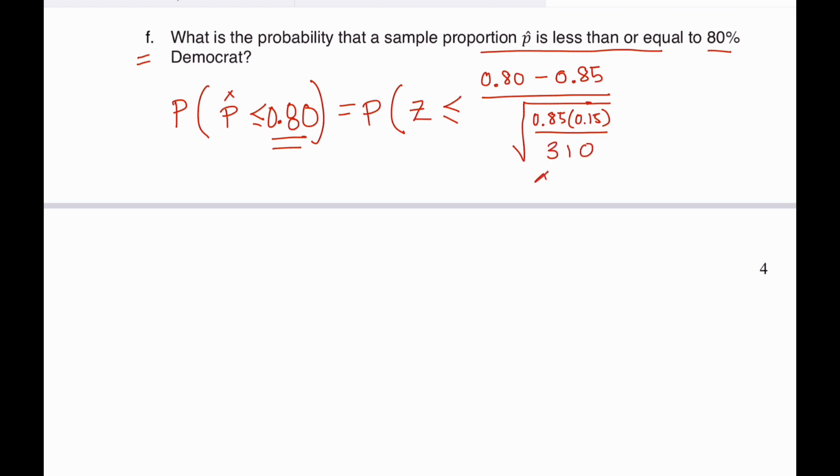Just to be clear, the z-score in this case is our sample proportion minus the mean of the sampling distribution, over the standard deviation of the sampling distribution. I just want to make that clear.